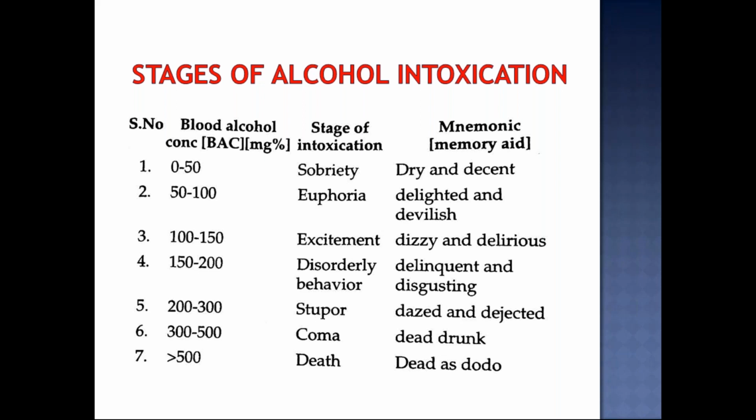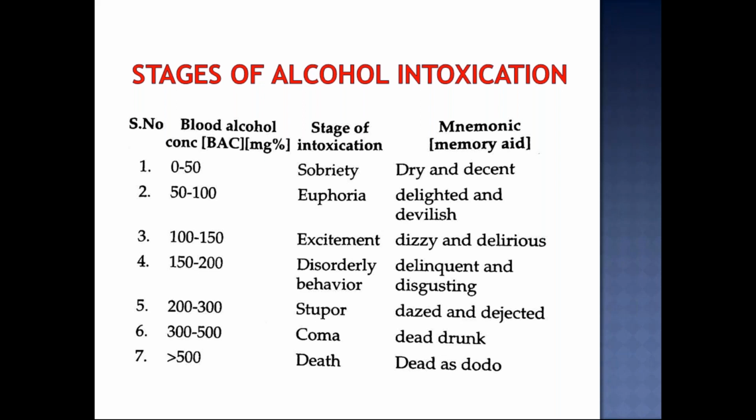If the blood alcohol concentration is about 150 to 200, then his behavior will change. He will have disorderly behavior. We call it delinquent and disgusting. If it is 200 to 300, the person will be in stupor, and he is dazed and dejected.